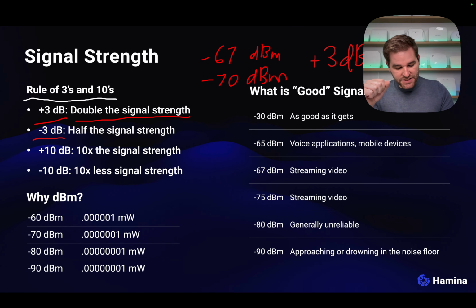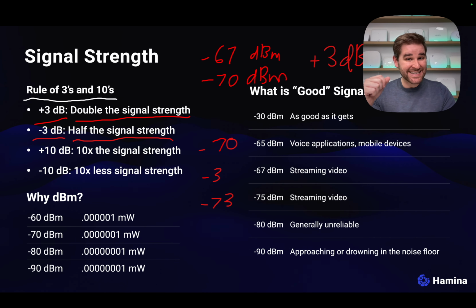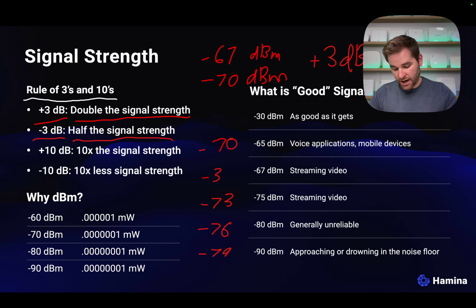If we look at minus 3 dB, that is half the signal strength. So let's say that we're sitting at negative 70 dBm and we go down 3 dB. We have 3 dB of loss, and now we're sitting at negative 73. That is half the signal strength. If we go down to negative 76 dBm, that's half the signal strength yet again. Negative 79, we just cut our signal strength in half again. That's called the rule of threes.